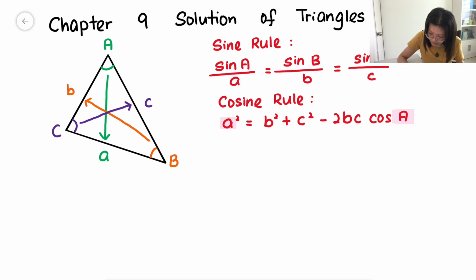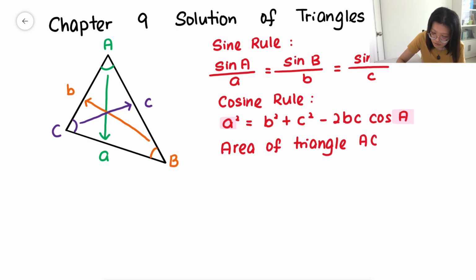After that, let us have the formula for area of a triangle. In lower form, you have learned that area of triangles equals 1/2 multiplied by base multiplied by height. Correct or not? Don't forget about that formula. But in this chapter, we are going to use the formula 1/2 bc sine A, which is the same.